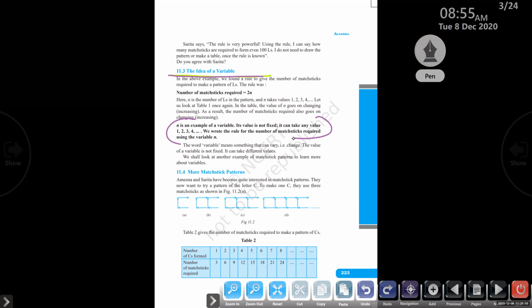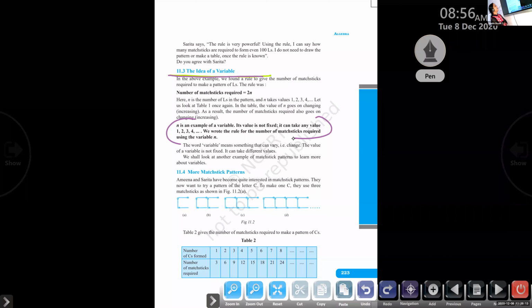That is the definition. Can you see it is written in the board letters? Okay, n is an example of a variable. Its value is not fixed. When we are giving different values, its total value of the equation changes.